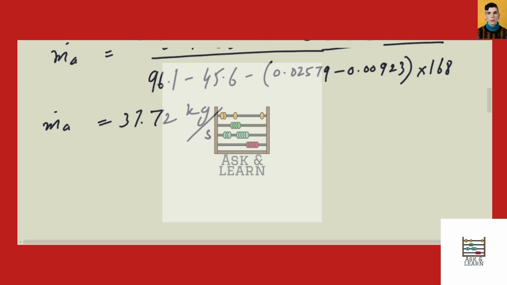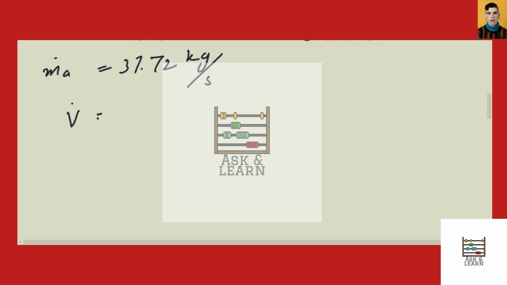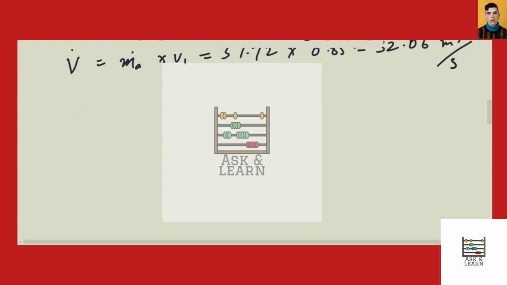With the mass flow rate, we can now calculate the volume flow rate. So V is equal to MA into V1 is equal to 37.72 multiplied by 0.85 is equal to 32.06 cubic meters per second. So we can now calculate the mass flow rate of the makeup water, that is M makeup.